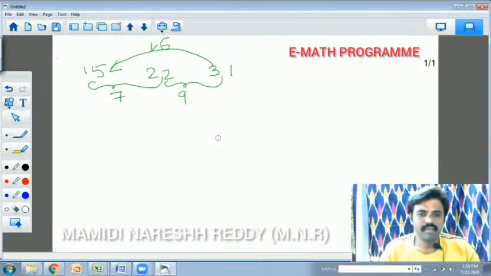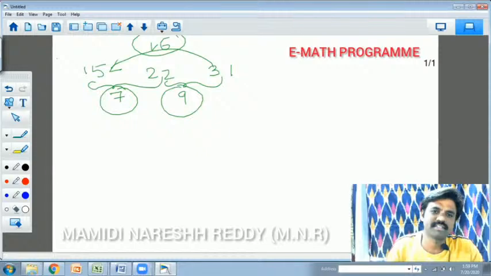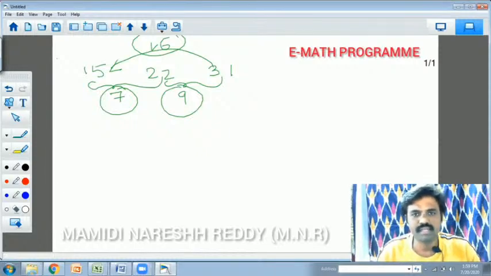So here we have got 3 numbers, 7, 9 and 16. In this, we need to take the smallest number, which is 7.